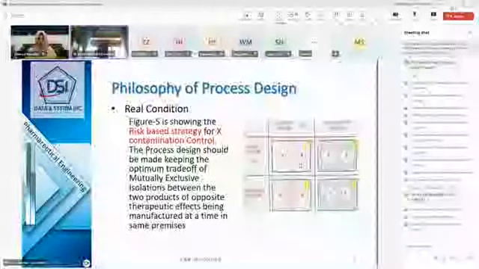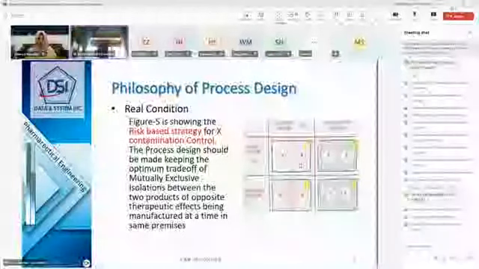So scenario P, in a single facility manufacturing two opposite therapeutic forms, is the ideal. You are dragging scenario S toward scenario P, and this is the best condition for the design of the facility. So you focus on scenario P at the moment you are designing the facility.